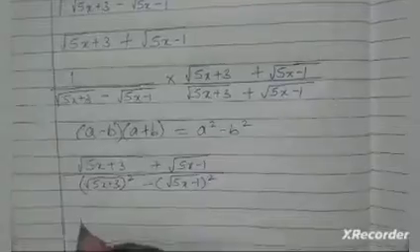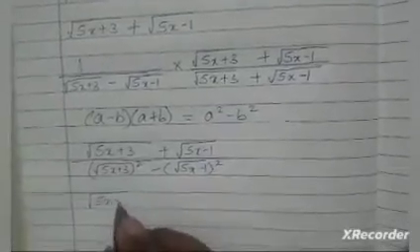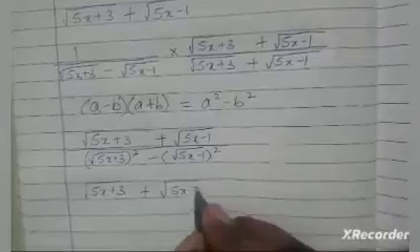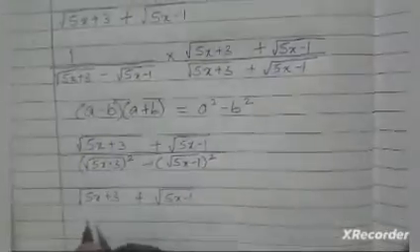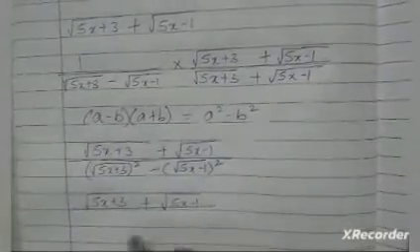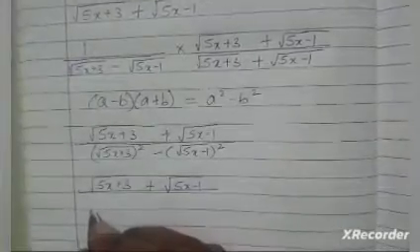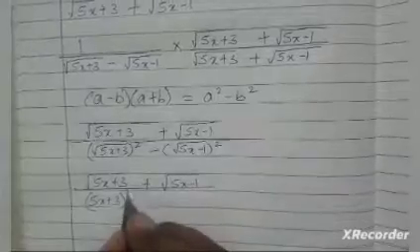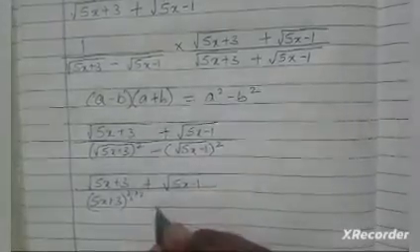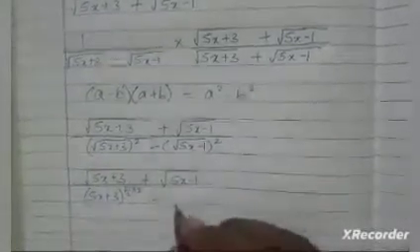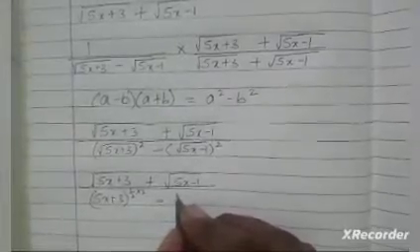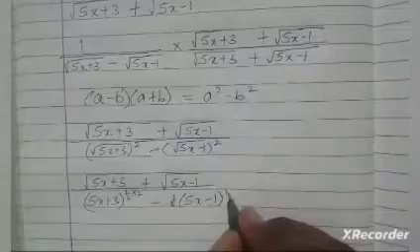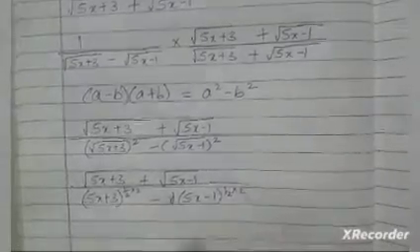Now the numerator as it is, then the value of root is 1 by 2. So 5x plus 3 to the power 1 by 2 into 2, minus 5x minus 1 to the power 1 by 2 into 2.